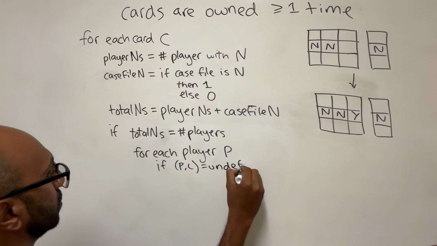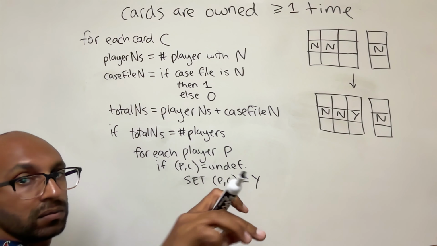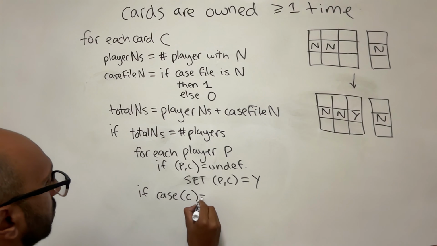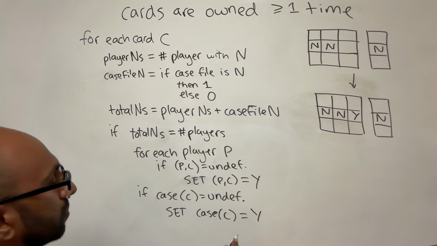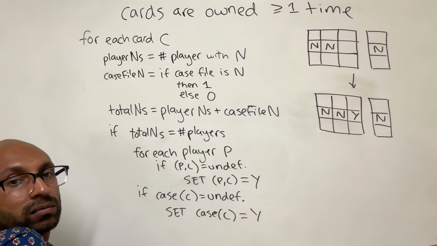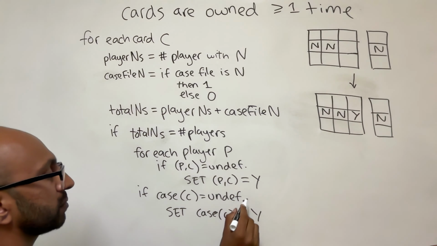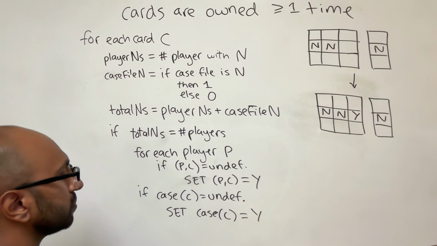If that cell is an unknown, then we set it to a Y. And again, not forgetting about the case file, if the case file has an unknown, then we also set that to a Y. We, the programmers, know that this rule will only ever set one Y at a time, but we still have to iterate through every player and the case file to find where that blank cell is in order to set it as a Y. For the sake of time, we're not going to go through the tests and everything, but you should write those.